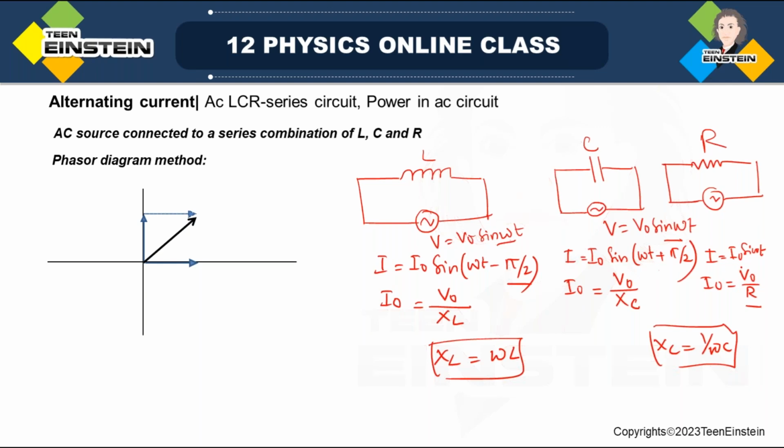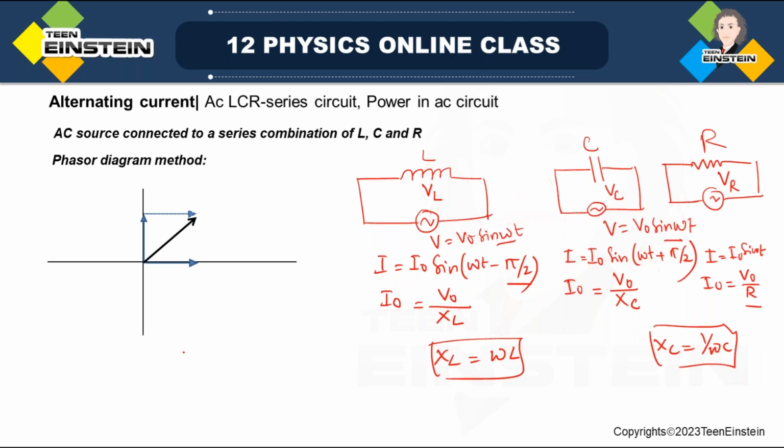So current and voltage are actually going in phase. So when we draw the phasors, current phasor and voltage phasors, say the voltage drop across the inductor is VL, voltage drop across the capacitor is VC, and voltage drop across the resistor is VR.